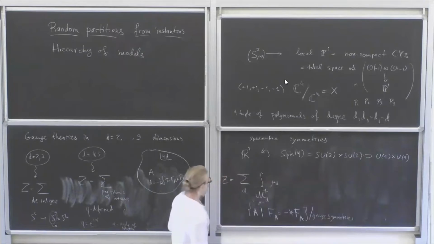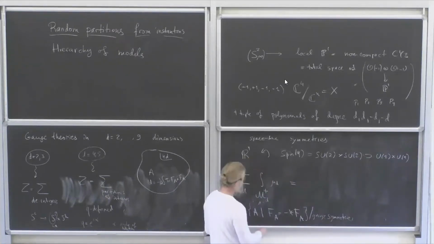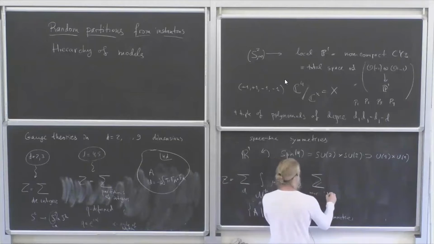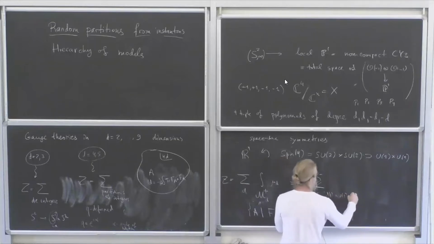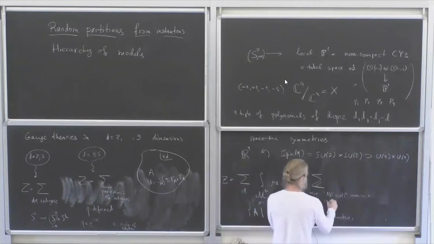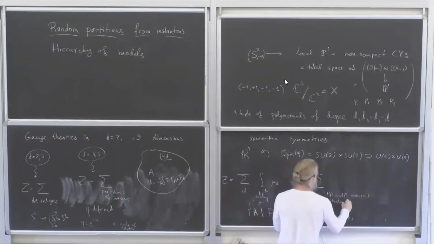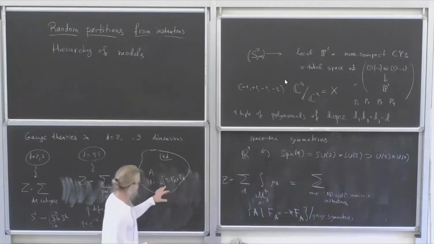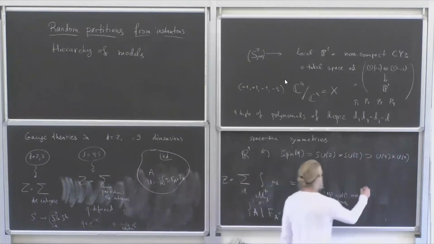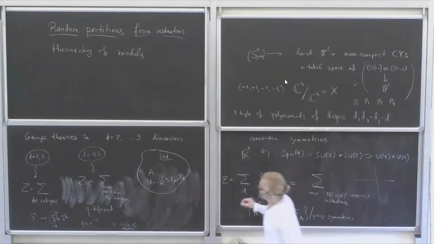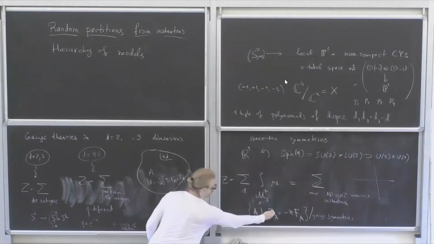And so this becomes a sum over U1 cross U1 invariant instantons.